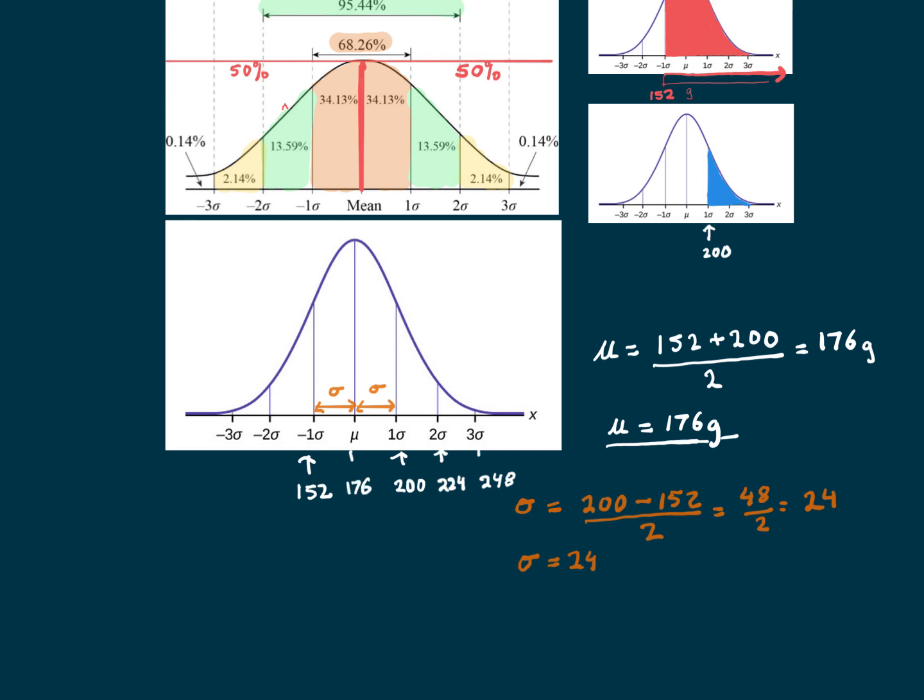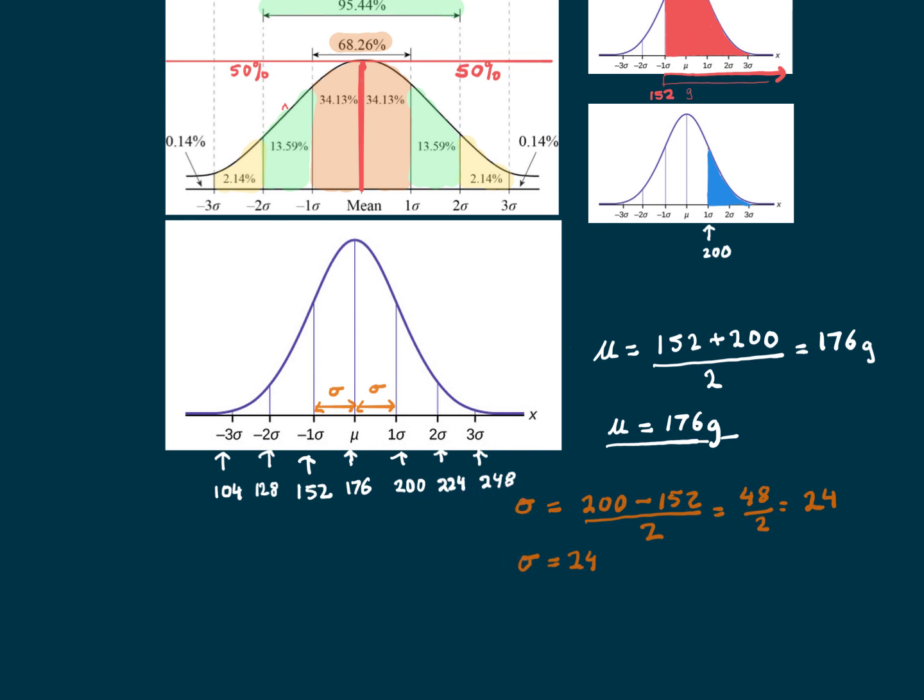And we can go backwards as well, and we'll just take away 24 from 152 and get 128. And once again, we take away 24 to find the third standard deviation to the left, and we'll have 104. So the area under this curve will represent the percentage of oranges that weigh between this number of grams.